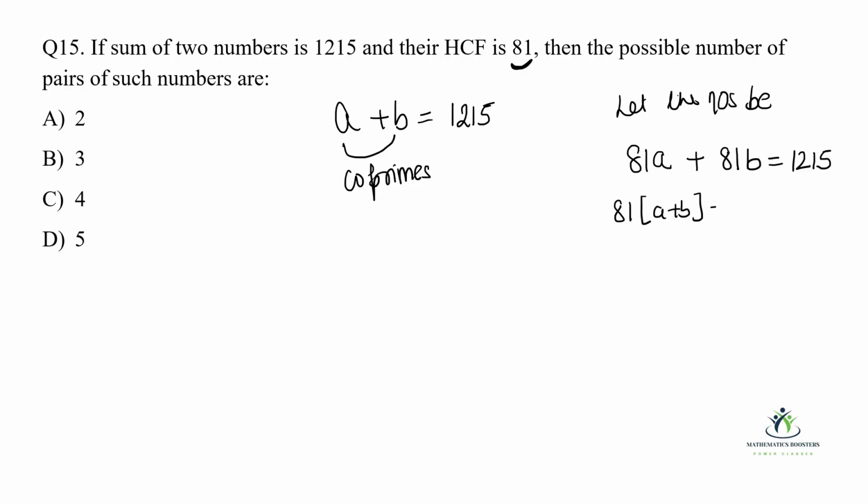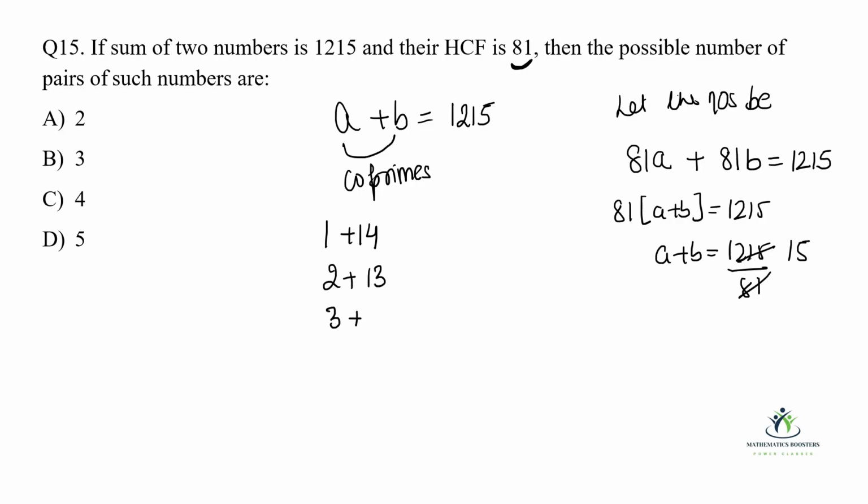A plus B is 1215 by 81, divisible, 15. अब हमारे possibilities क्या हैं, 1 plus 14, 2 plus 13, 3 plus 12, 4 plus 11, 5 plus 10, 6 plus 9, 7 plus 8.